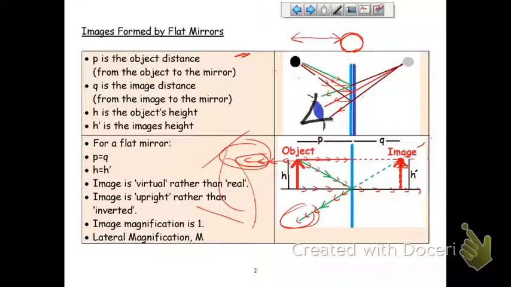We're going to give it the letter P. We call the distance between our image and the optical element our image distance. We're going to call that Q. If we draw this thing out and we have a height to our object, we can call it h. If we have a height to our image, we call it h dash. That's less important.